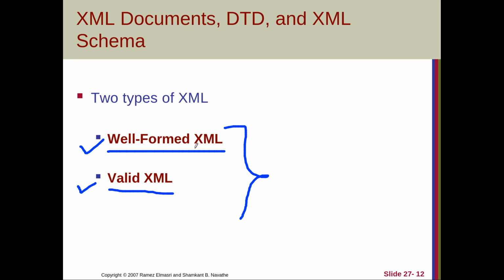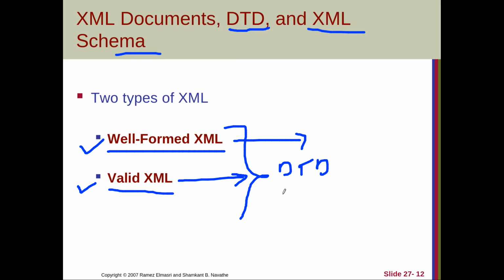These two are very important, but well-formed is a very basic thing only, while valid XML has a special purpose, and this valid XML document can be created by using two methods, as given here: one is by using the DTD and the second one is by using a method called XML schema.